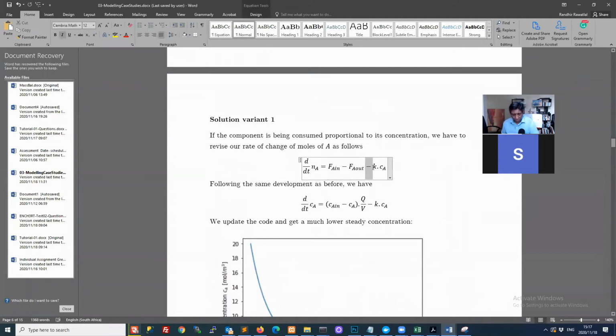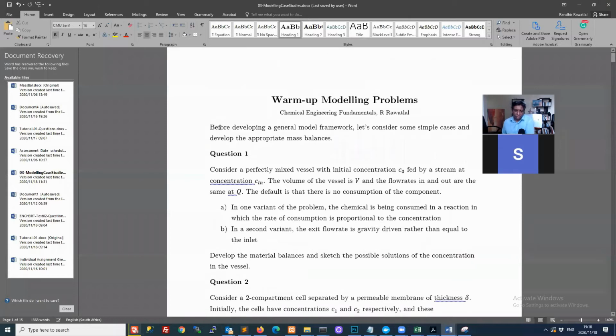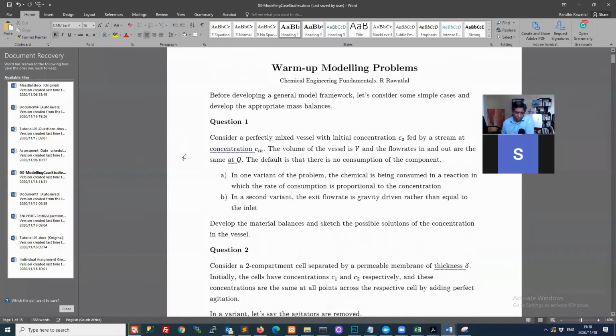But now our component is also disappearing in this consumption, so we show it's proportional to the concentration like that. The only change here is that we have an additional term like this. If you apply that, then you'll see you get a different answer to the first case. Okay, so that's your first warm-up problem.